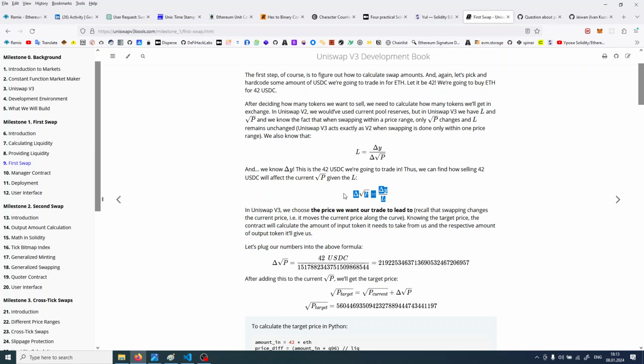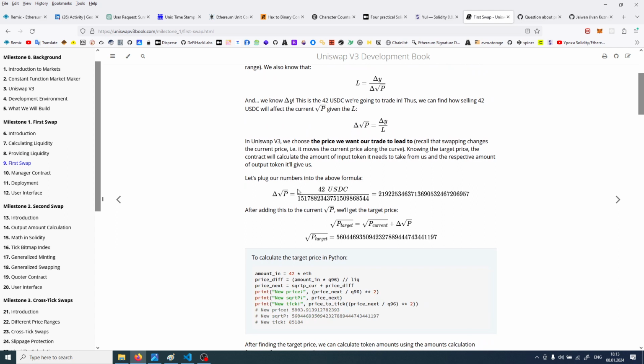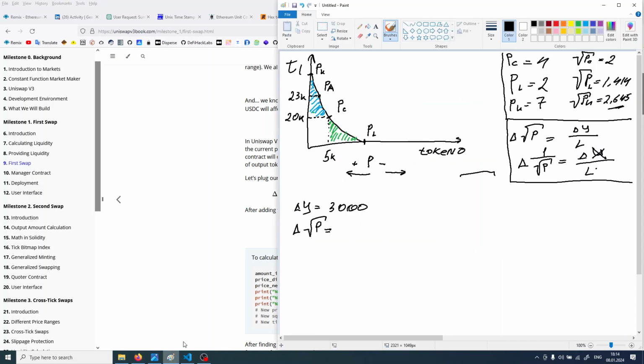We calculate this information. Why do we do this? Because from delta square root p we can retrieve p target, we can retrieve PA, price.